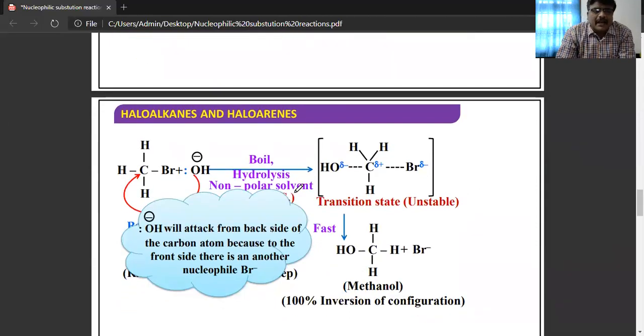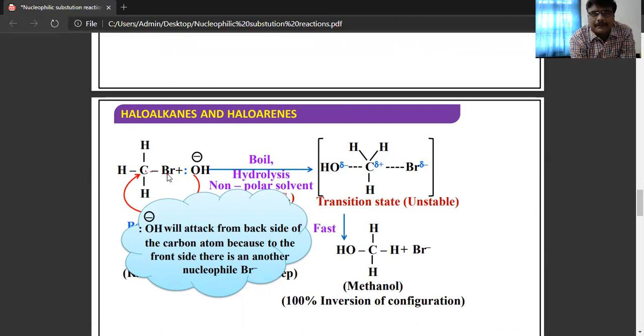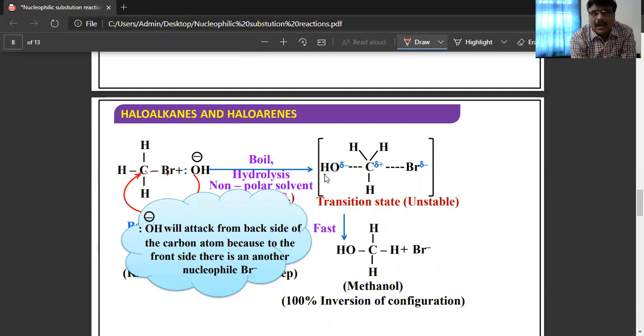If you see the mechanism of this reaction, the nucleophile, OH minus, attacks the carbon from the back side. Why? Because on the other side the bromide, which is a nucleophile, is already there. So the OH attacks from the back side of the carbon atom. In the transition state, the intermediate stage, we can see both the nucleophiles on the same carbon.